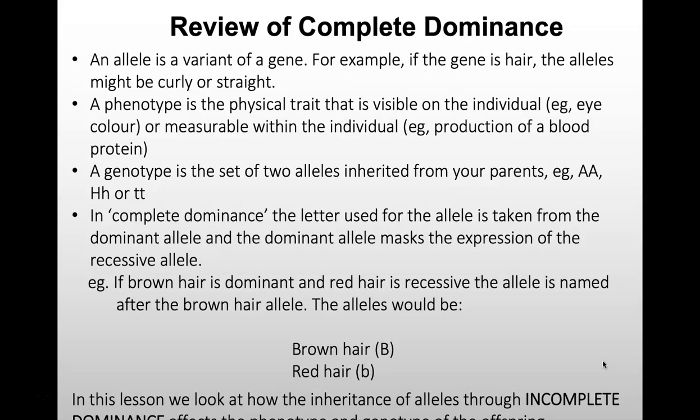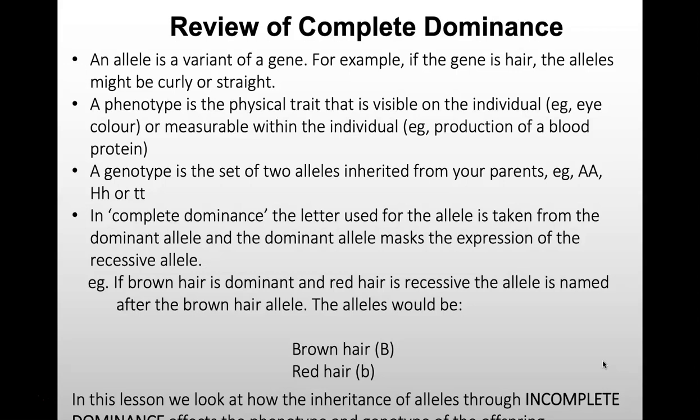For example, if brown hair is dominant and red hair is recessive, the allele is named after the brown hair allele, so brown hair would be capital B, and red hair would be lowercase b. So we've taken the letter b from the dominant allele, which is brown hair.